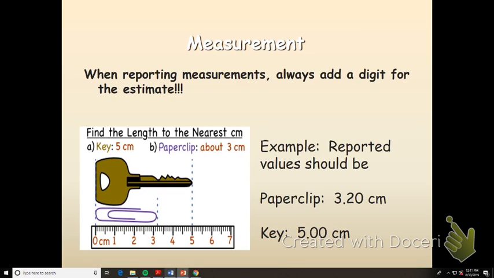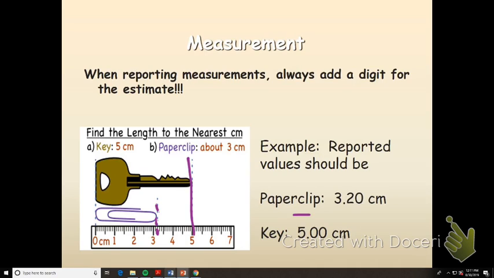Next one, for measurement, is just measuring distances. So put it on the ruler and just make sure you look at these little lines, right? The little lines. So like the paper clip, I would say 3.2 because it's on the second line right here. So 3.2, while the key is right on 5.